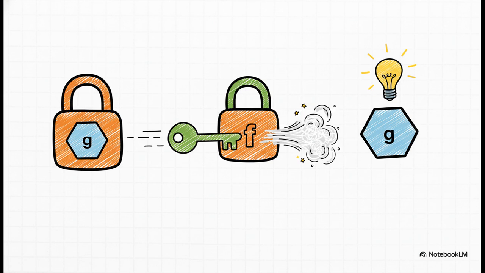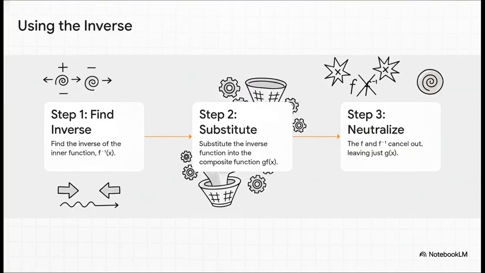To figure out what g is, we need to get it by itself. And to do that, we have to find a way to cancel out or undo the f of x part of the equation. And the mathematical tool for undoing a function is called its inverse. So here's how this cool trick works, step by step. First, you find the inverse of that inner function.